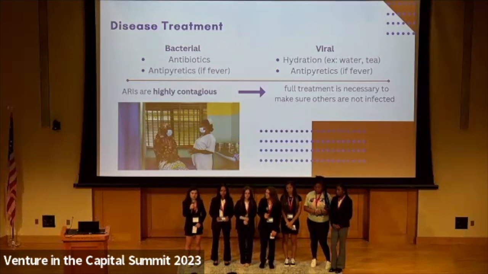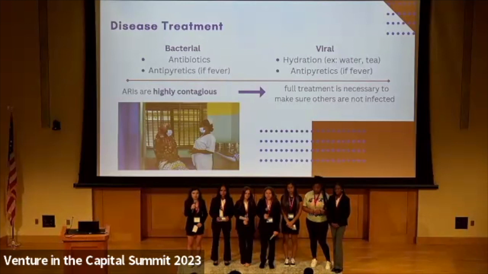An example of hydration could be water or herbal teas. If one of the symptoms of a patient is a fever, antipyretics is the proper treatment. It's extremely important for patients to be fully treated because ARIs are extremely contagious and the ARI could easily spread through the whole community.